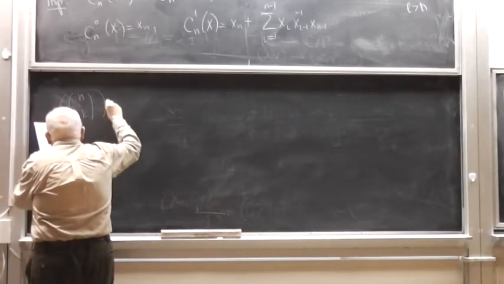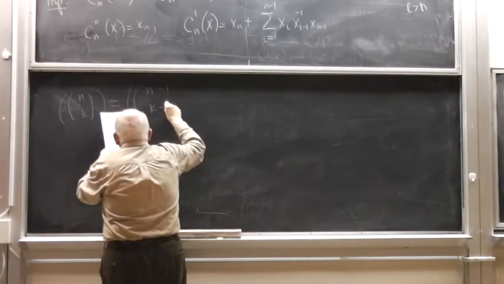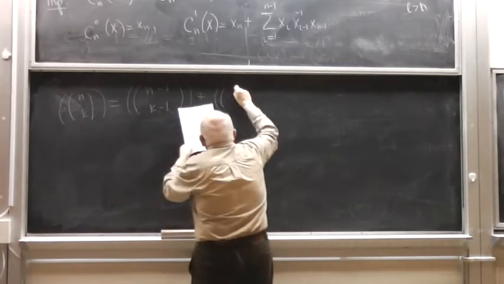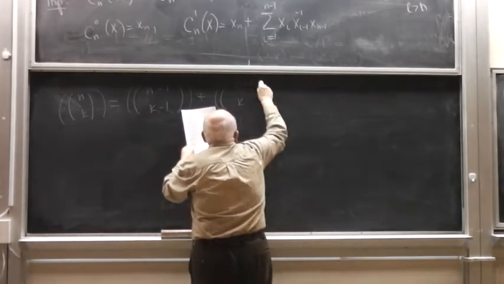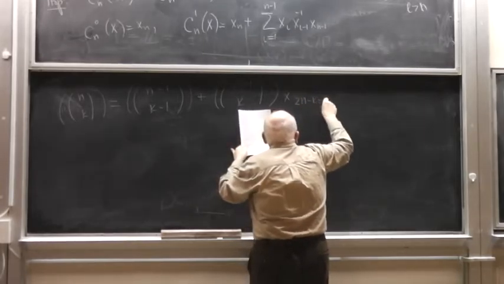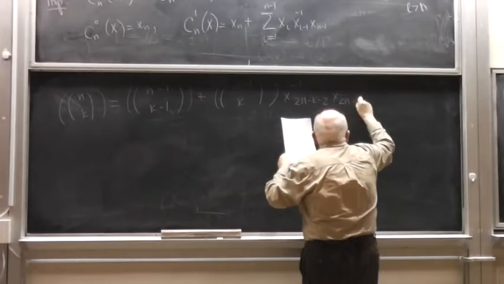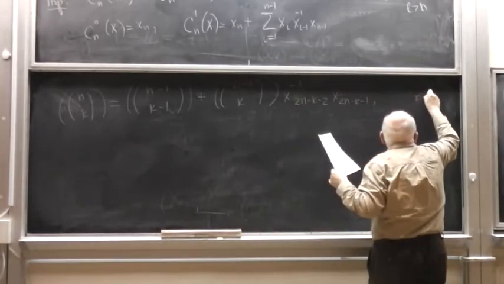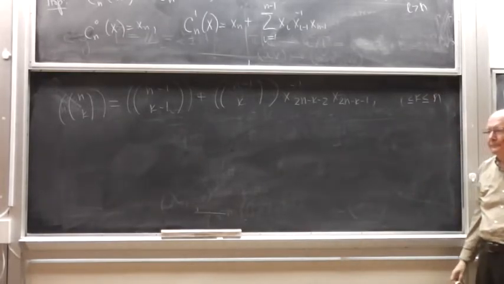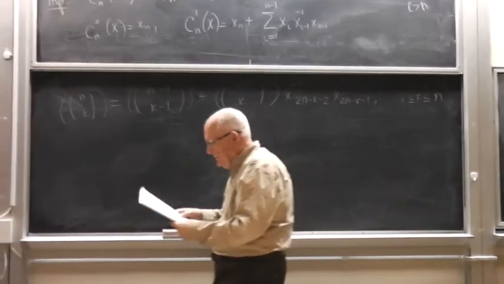And k is just n minus 1, k minus 1, plus n minus 1 k x2 n minus k minus 2 minus 1 x2 n minus k minus 1 k to 1 n. Non-commutative. Yeah, that's non-commutative, whatever it's called.